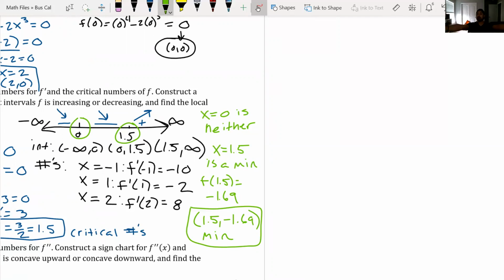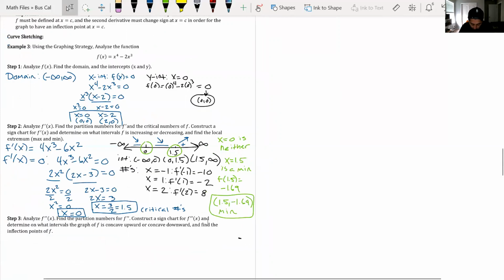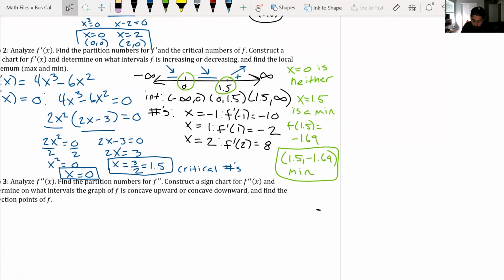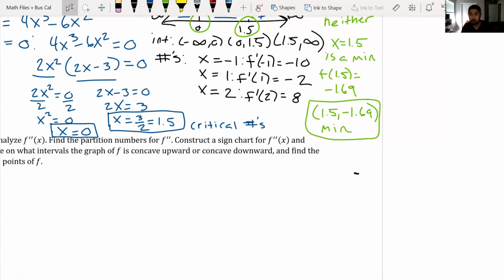So everything we learned in 11.1, put into that one step. Crazy. And yes, we don't care about 0 because 0 was not a max or min, so there's no need to plug it into the original function. Good.